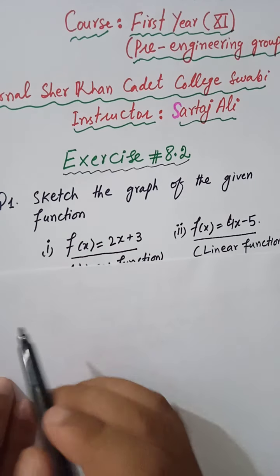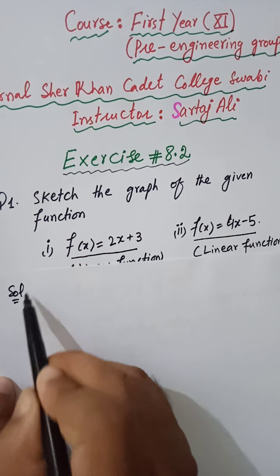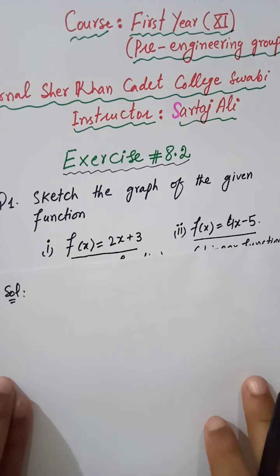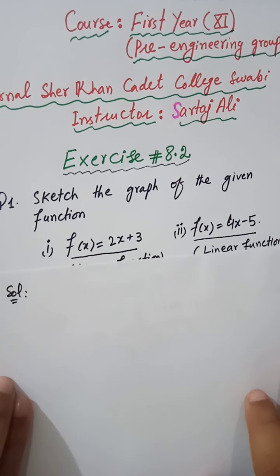Now, the solution. What is important for the graph of the given function? The important thing is that the graph of this function is a straight line, the simplest form of a curve.